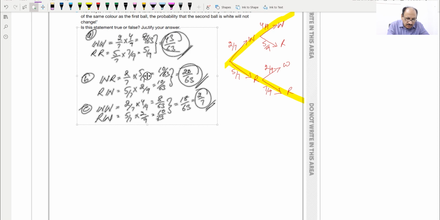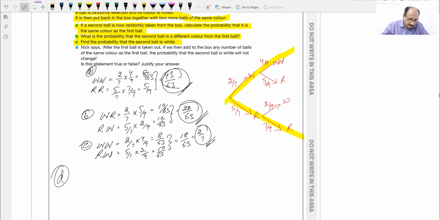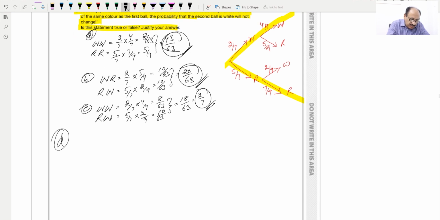And now we can do the D part, and D part says Nick says after the first ball is taken out, if we then add to the box any number of balls of the same color as the first ball, the probability that the second ball is white will not change. Is this statement true or false? Justify your answer. So we need to check the probability of the second ball being white.